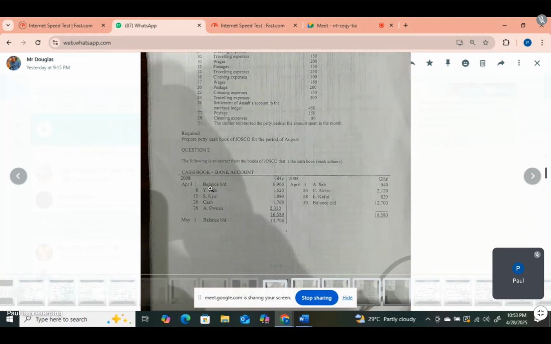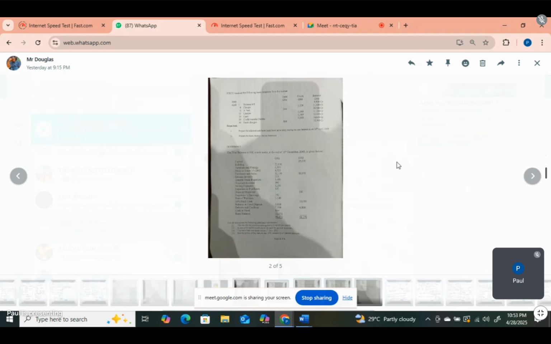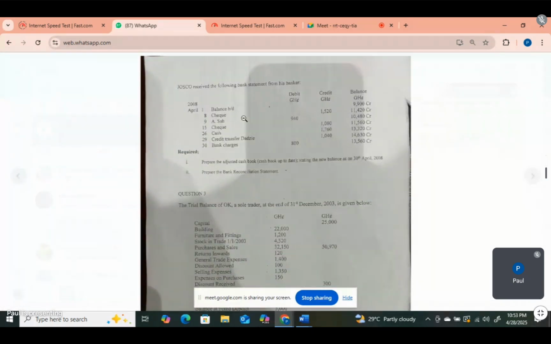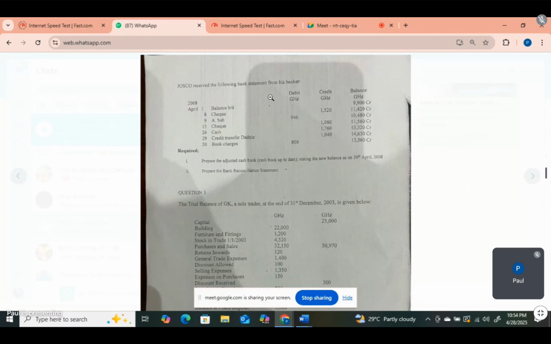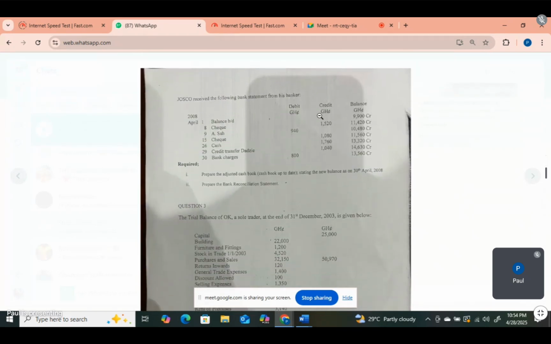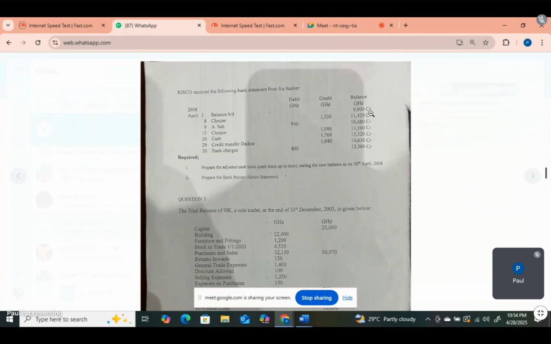You can see that on the 1st of April, the balance here is the same as the one on the bank statement. This is the bank statement, yes, 9,900. It is credit, right?